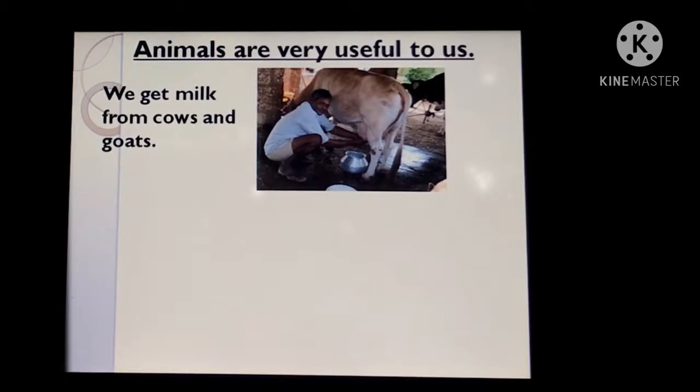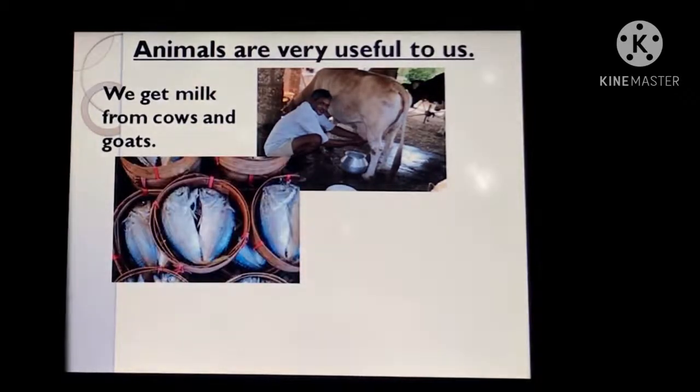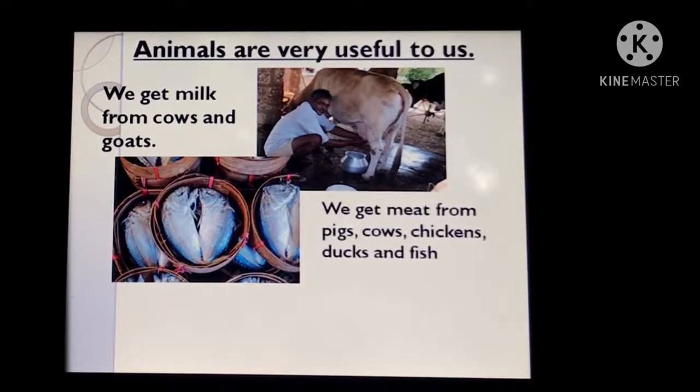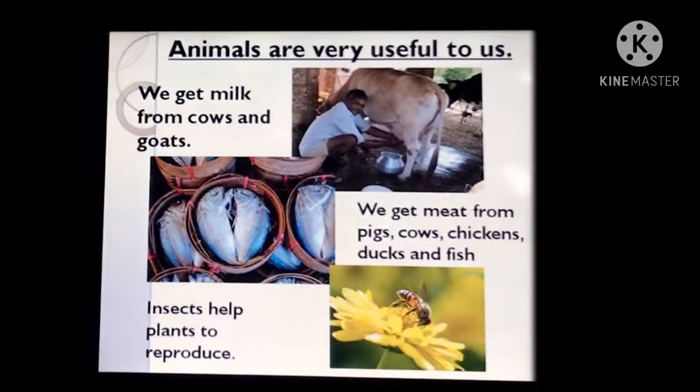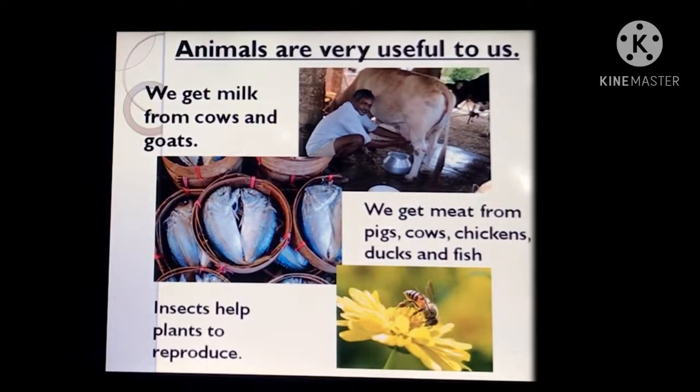Another one, we get meat from pigs, cows, chickens, dogs, and the fish. This is what we eat. They make us full. And the insects help the plants to reproduce.